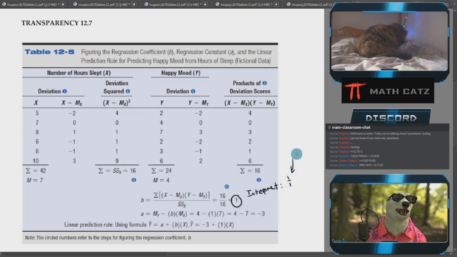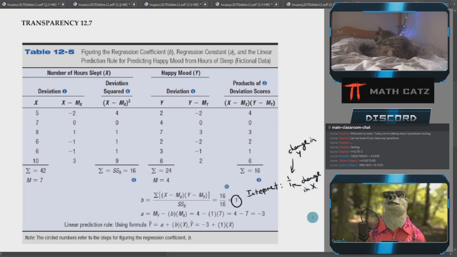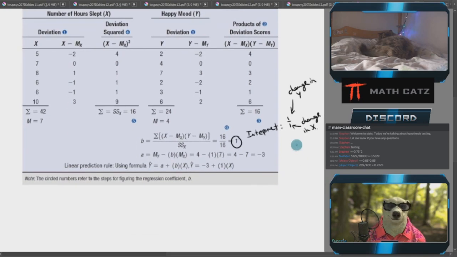The top one is going to indicate the change in my y variable, and the bottom one, the corresponding change in my x variable. If you remember pre-calculus, rise over run, change in y over change in x.